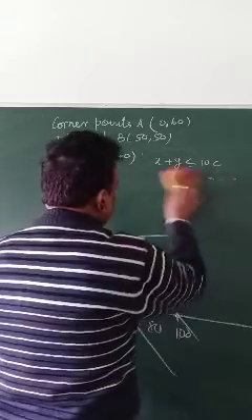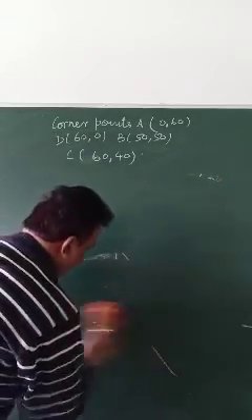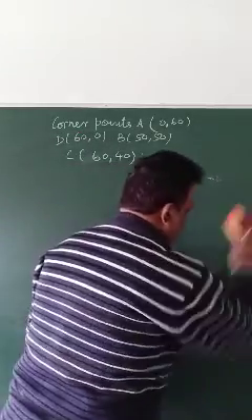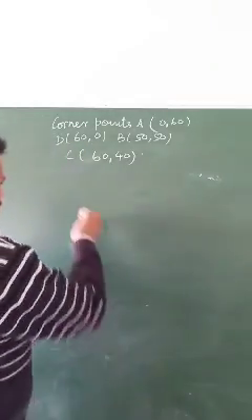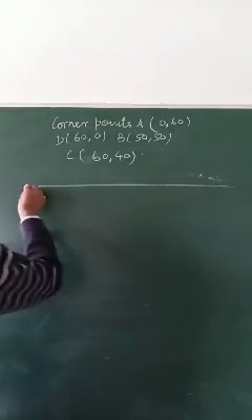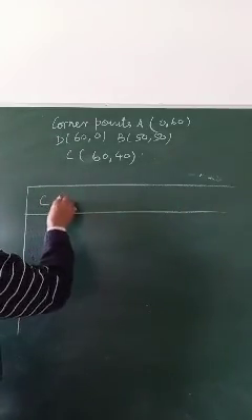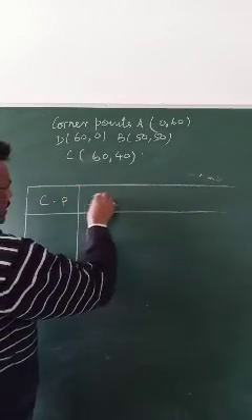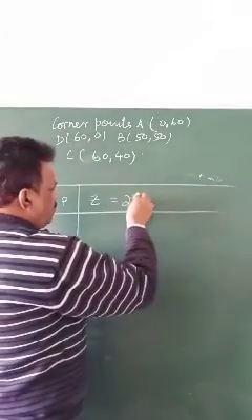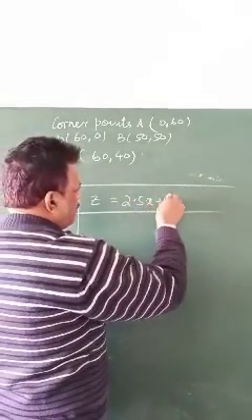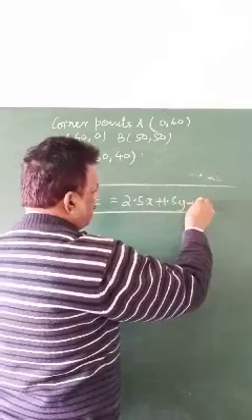These are the corner points. Z equals 2.5x plus 1.5y plus 380.